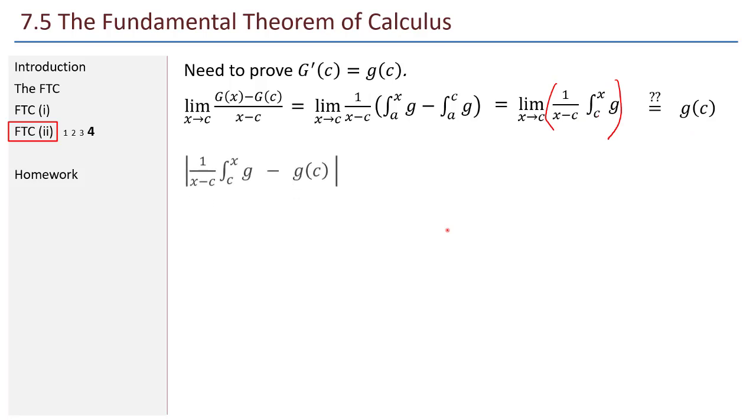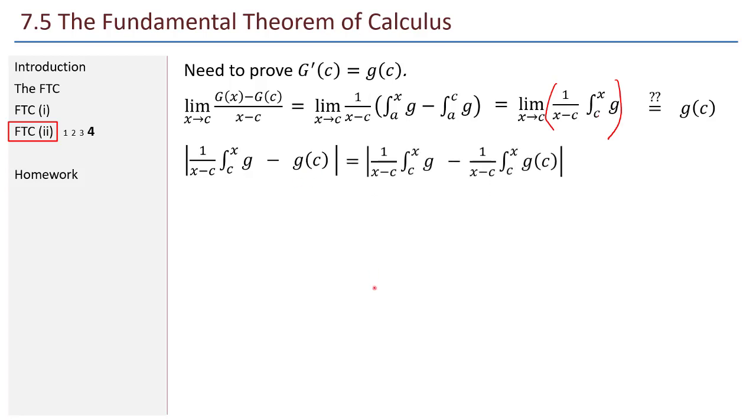Well, I need to put those expressions as a difference in absolute values and show that I can make the absolute value arbitrarily small. Let's simplify this absolute value. The first step is kind of a clever substitution. This g of c is the same thing as this integral expression over there. g of c is just a constant. I take my constant and integrate from c to x, and then divide by x minus c, and I just end up with that constant value again.